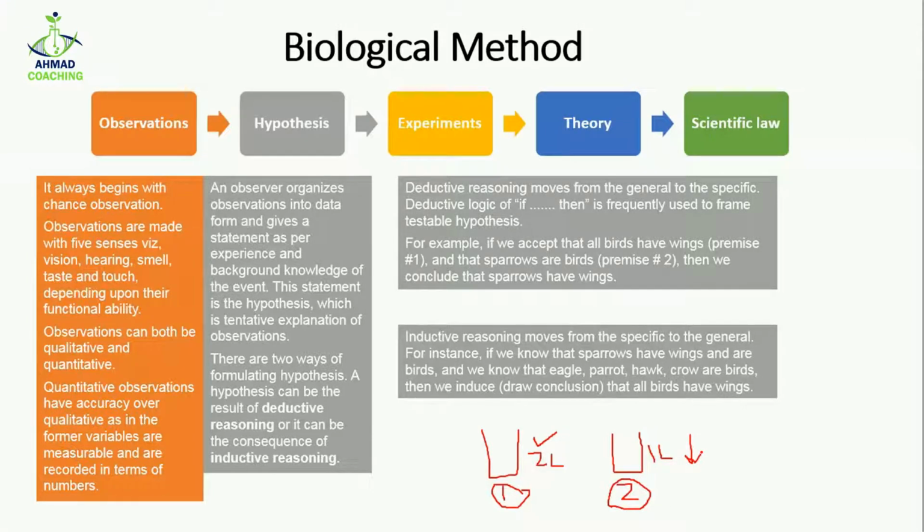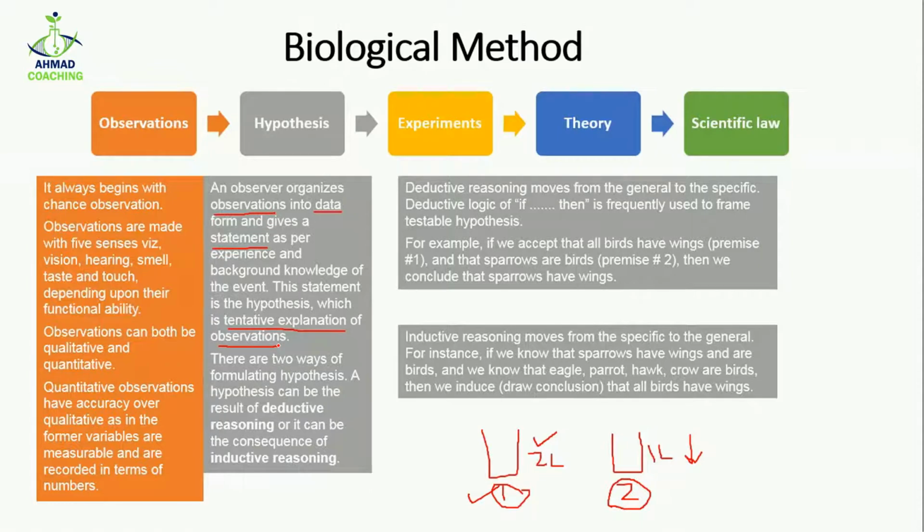So if in future I want to buy more water, I should go for bottle number 1. This is my hypothesis, given based on my observations and data. The hypothesis is just a statement, a tentative explanation of the observation. You are just giving a tentative explanation of what you have observed.